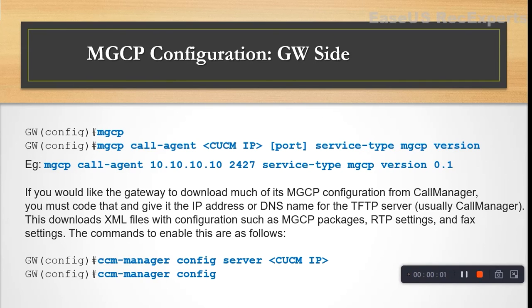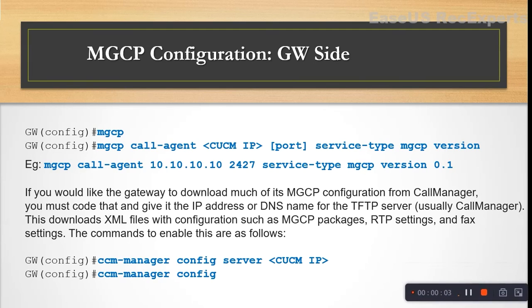Let me reiterate this. Both the commands are important. The first command informs the voice gateway that this is the call manager IP from which you have to download your XML files. The second command enables the voice gateway to download. If you give only the first command, it won't download, because the second command enables it.